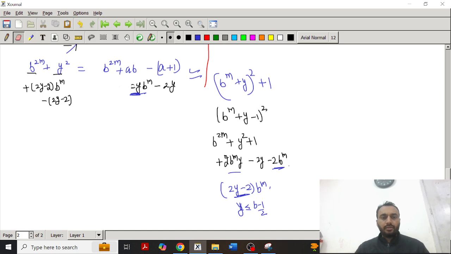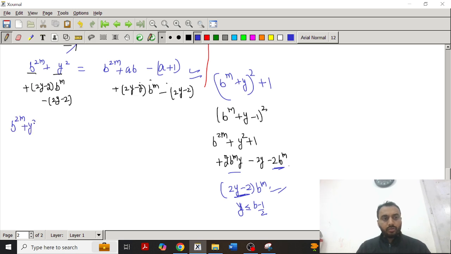So same thing we can do on the right hand side. On the right hand side we have a number minus its coefficient sum. Now are we getting this formula like b power 2m plus y square plus 2y minus 2b^m minus 2y plus 2? So I think yes.